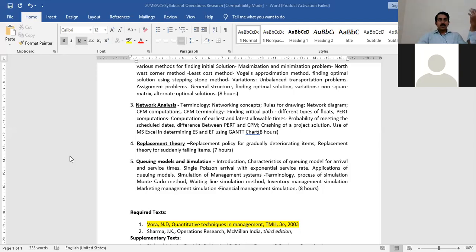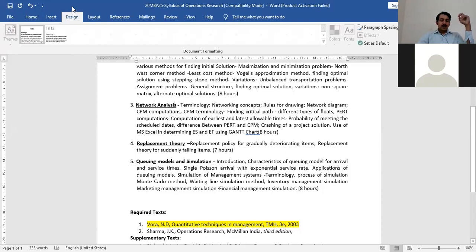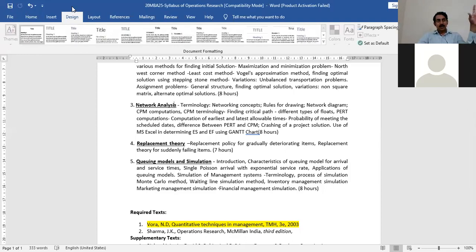Keeping that as an assumption, I'm discussing this topic here. Basically, 4 modules I had completed in the class, and one module I had completed online. My experience is that only the topics which I completed in the class were answered by the students. That means the attempt was for only 80 marks.